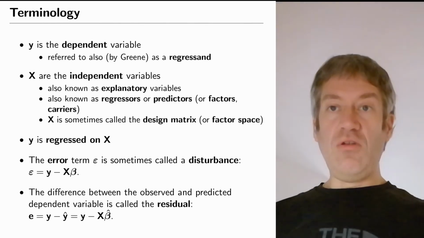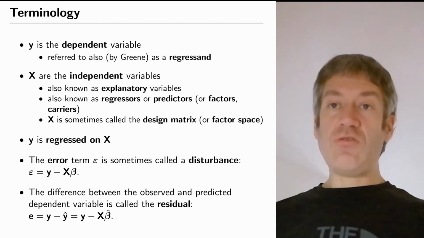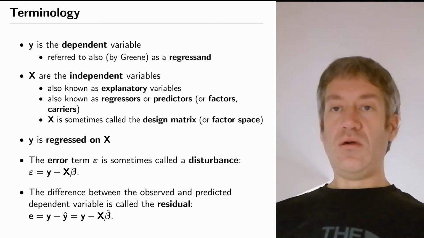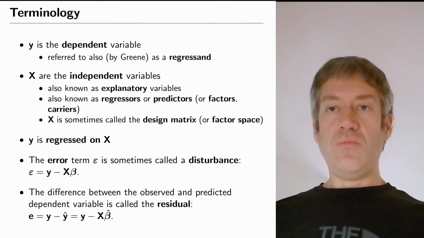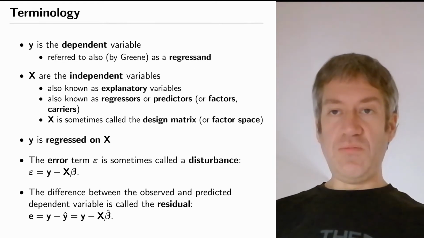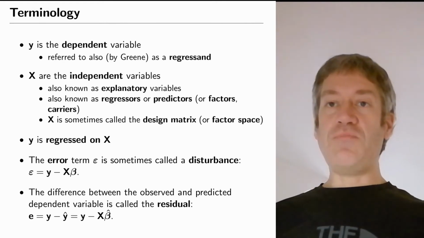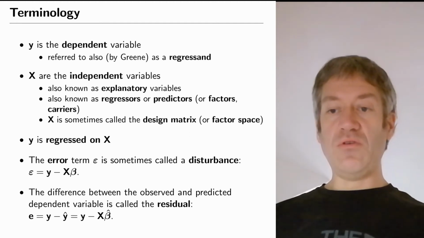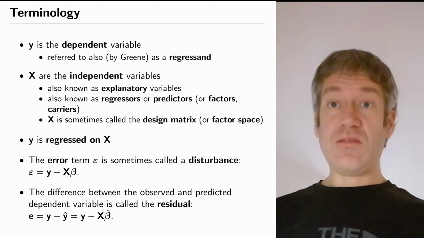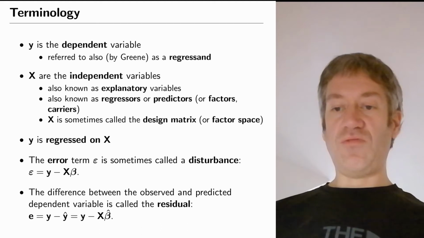So epsilon refers to the actual difference in nature between the values on the dependent variable and the predicted values on the dependent variable based on X and the regression coefficients beta.